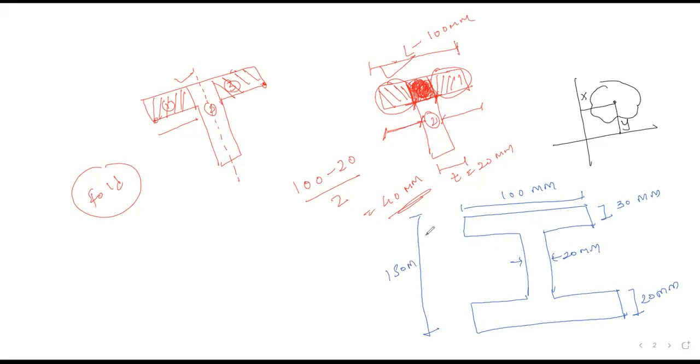Is it clear? So the same for the I section, this will be your flange, this will also be your flange, and this will be your flange. Is it clear? Please confirm. Now, in the I section also, data is given in a sentence form like that. Calculate center of gravity for an I section having upper flange, I write it as UF, that is nothing but 100 by 30 mm.